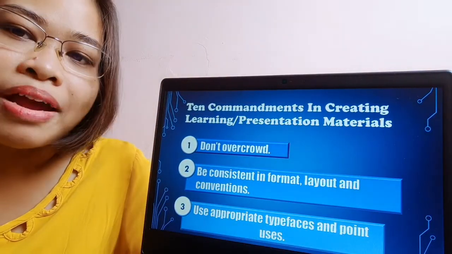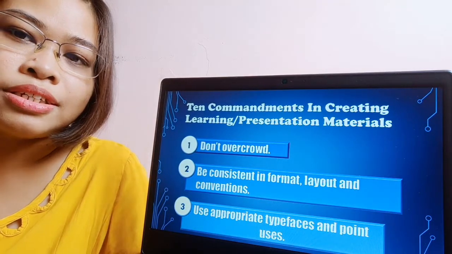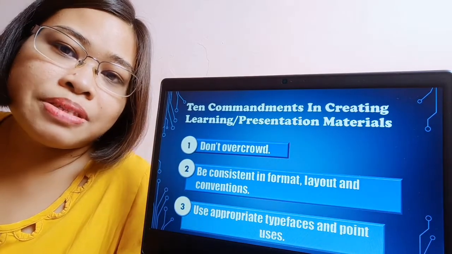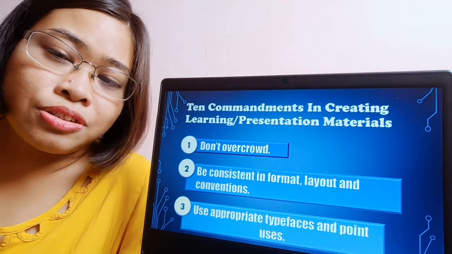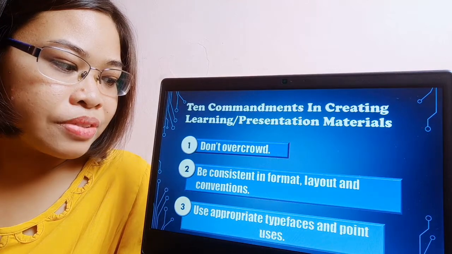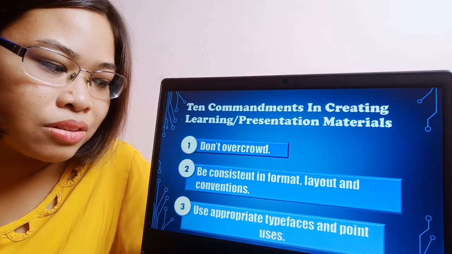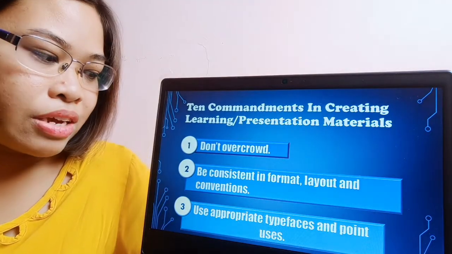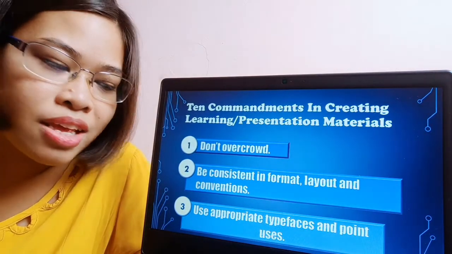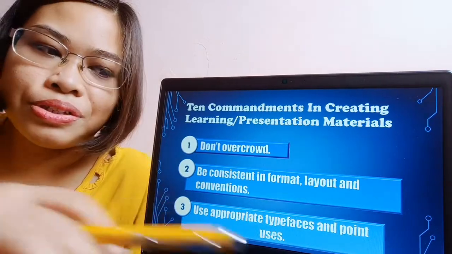There are 10 commandments in creating learning or presentation materials. Number one, when you're presenting the material, this should not be overcrowded. Number two, be consistent in the format, layout, and conventions. Number three, use appropriate typefaces and point sizes.